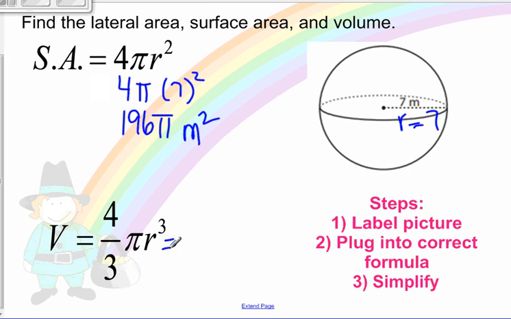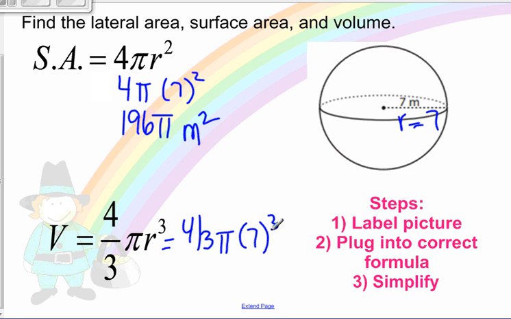Volume is going to be 4/3 pi, and then our radius 7 cubed. Now this one's a little harder, right? We've got 4/3, which you can type into the calculator with parentheses, 4 divided by 3, and then multiply it by 7 cubed. Or you can hit alpha y equals and 4 over 3, and then multiply it by 7 cubed.